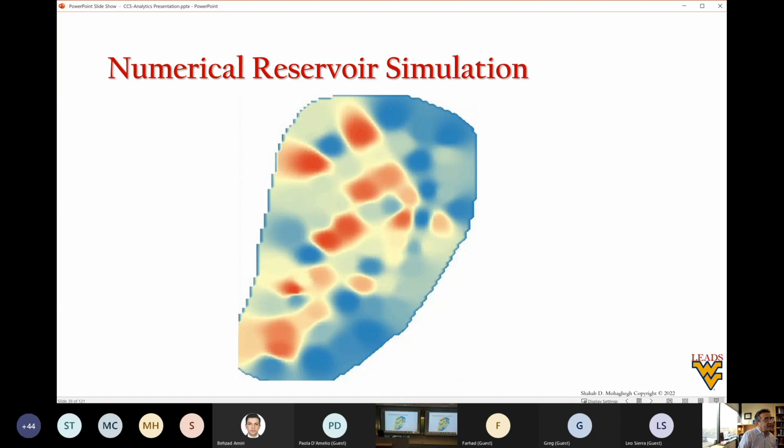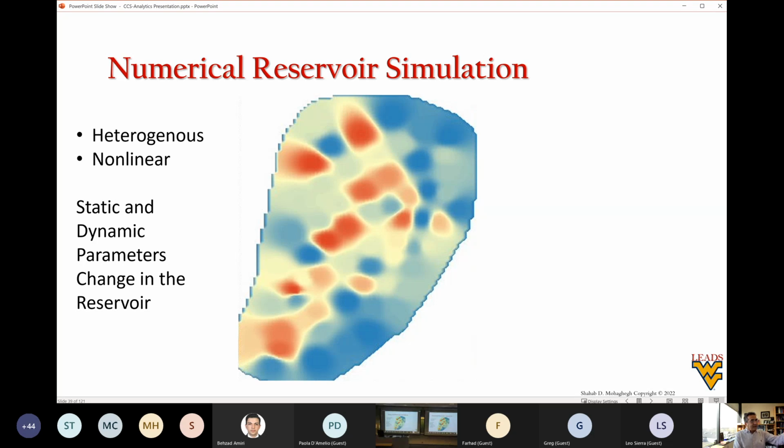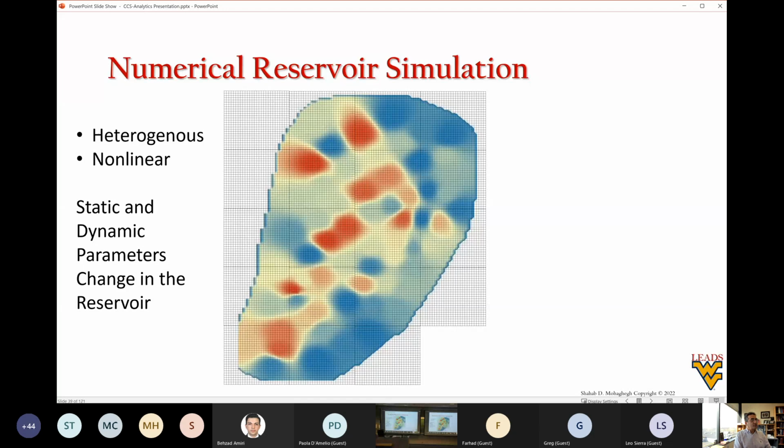This is actually a field in Southeast Asia. As we know, that reservoir is heterogeneous and nonlinear. It's heterogeneous in static information and it's nonlinear in dynamic parameters. So what do we do? To do numerical simulation, we put a Cartesian series of grids on it, and then we go to one of those grid points. And you see, that little grid is right here.